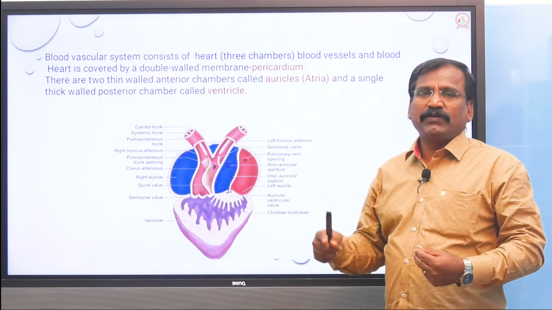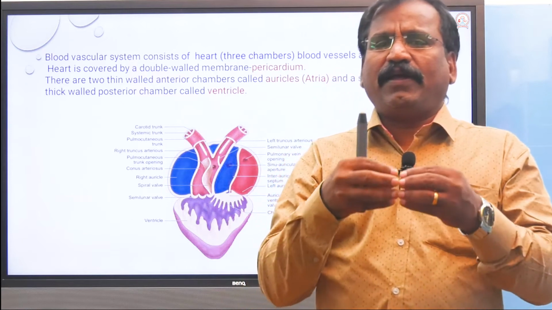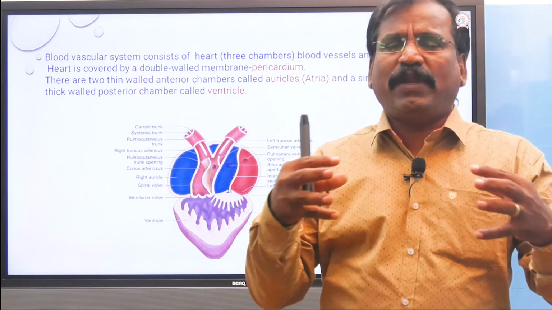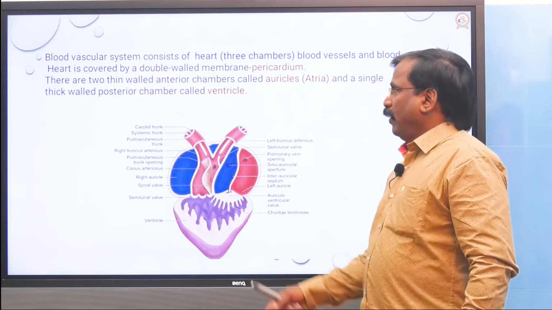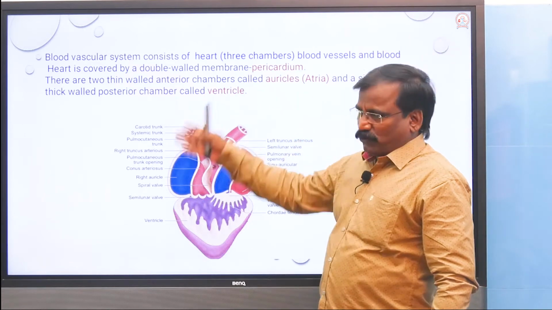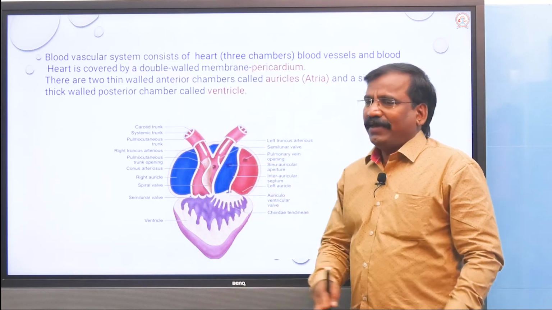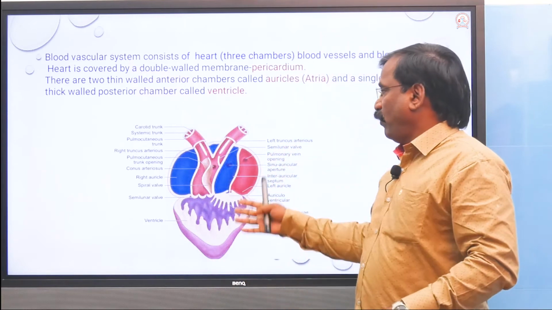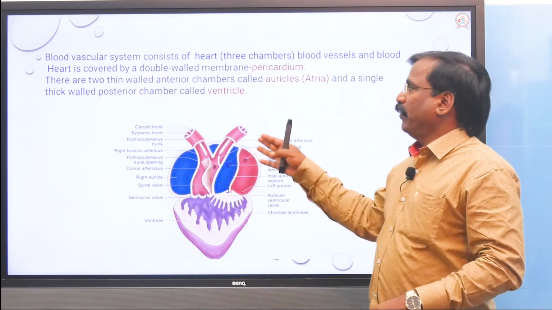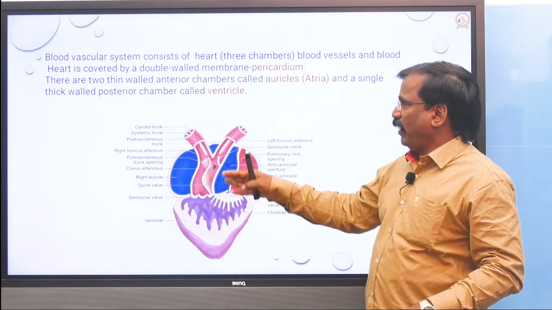So, heart, blood vessels and blood are the three major components of the circulatory system, or blood vascular system, cardiovascular system. The heart is three-chambered, which we are going to discuss in detail. Now, these are only the components: heart, blood vessels and blood.